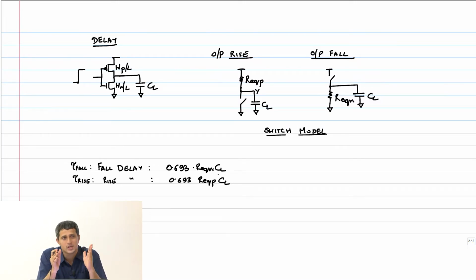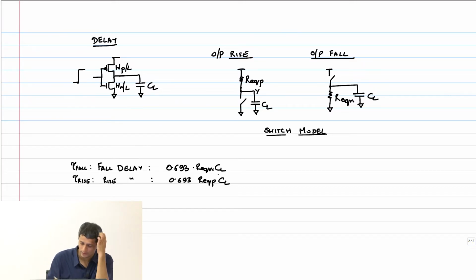There are certain special cases like in memories, for example, where you might want to turn on the memory cell very quickly, but it's okay to turn it off slowly. In those cases, yes, the rise delay may be more important than fall delay. But in general, without loss of generality, the safest assumption to make is both edges are equally important and both delays should be similar. No reason to pick one over the other.